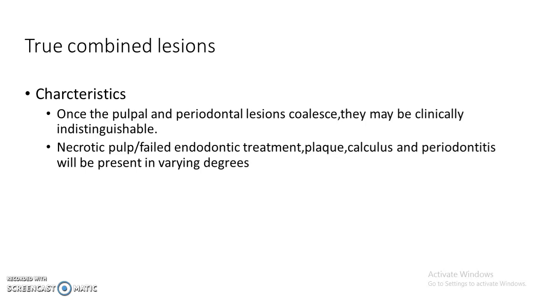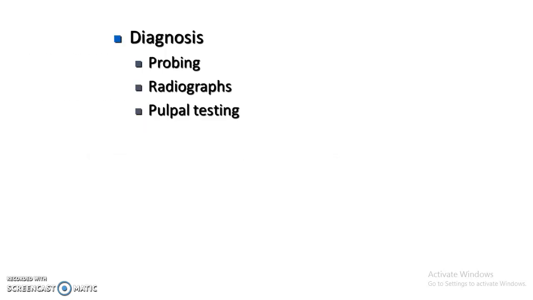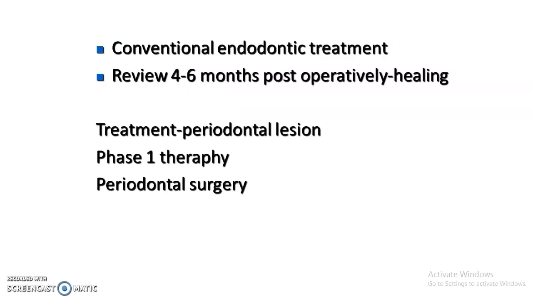Diagnosis is by probing, radiograph, and pulpal testing. Conventional endodontic therapy, with review after 4 to 6 months for post-operative healing. Then treatment of the periodontal lesion with phase 1 therapy, scaling and root planing, and then periodontal surgery.